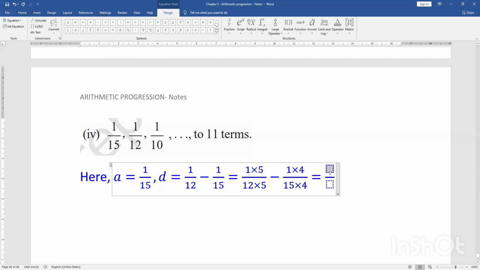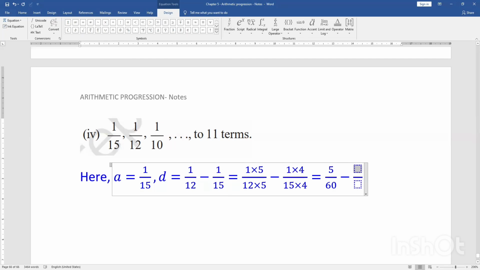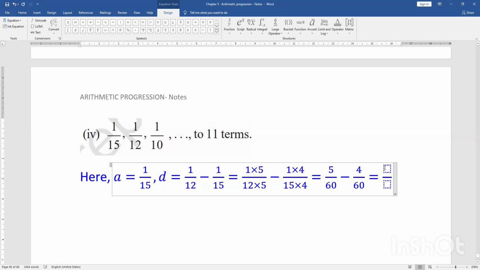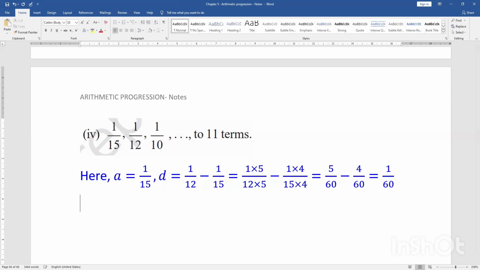So here you get 5 by 60 minus 4 by 60, which is nothing but 1 by 60, because 5 minus 4 is 1. So D is equal to 1 by 60.